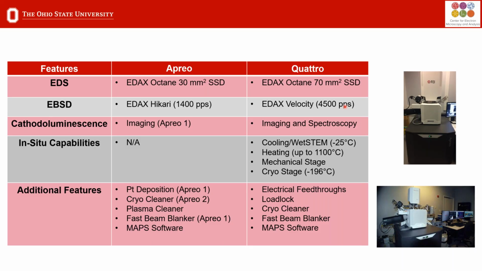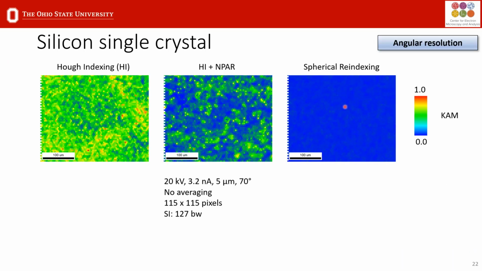The first example I use is a single crystal silicon, and the reason I use single crystal silicon is just to understand the best case scenario. For single crystal, all the orientations should be the same. I scanned it at the parameters that we traditionally use for most of the materials that we investigate.